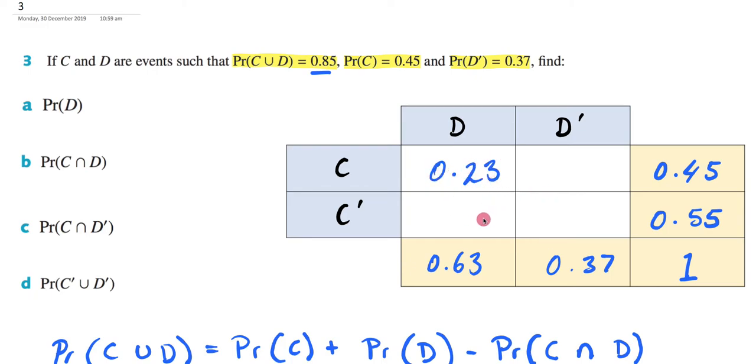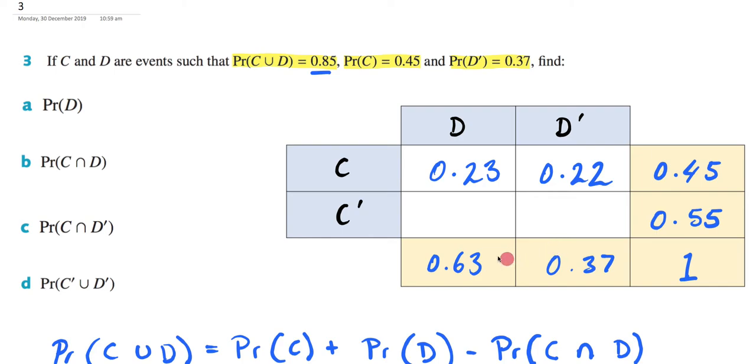Now I can start to fill out other parts. So I could say, all right, what will the probability of C intersection with the complement of D be? Well, it's going to be 0.23 plus something equals 0.45. And I know that's going to be 0.22.